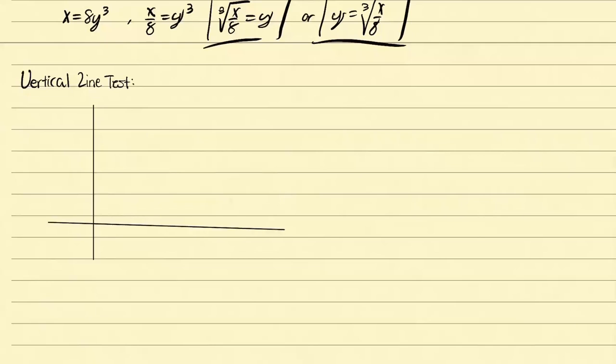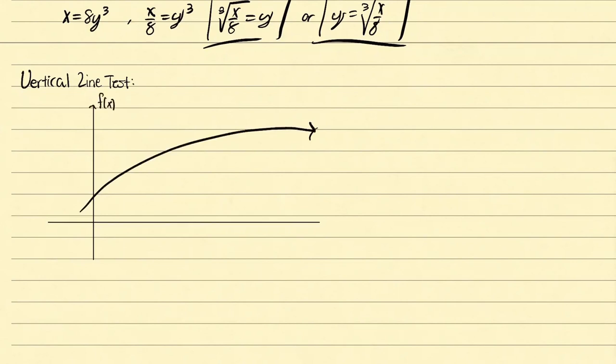So if I have a function right here, here is f of x, x. And if I draw a vertical line through it, and notice I didn't specify where, meaning anywhere on the graph, I can draw a vertical line and it only touches the function once, it is a function.